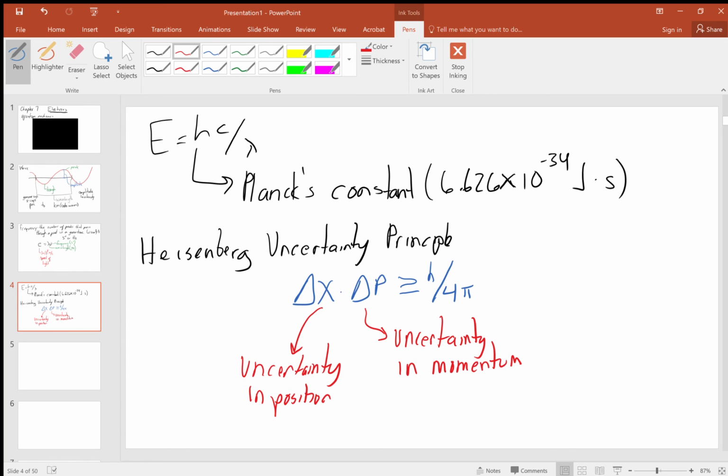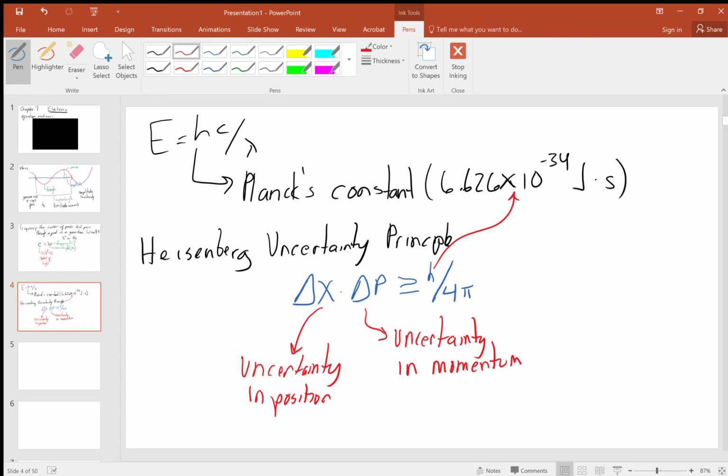So in other words, what we're saying is for any object, no matter how well we think we know where it is, there's going to be some uncertainty in where it is. Same thing with its momentum, how quickly it's moving. There's always going to be some uncertainty. And that the product of those uncertainties has to be greater than Planck's constant divided by 4 pi.